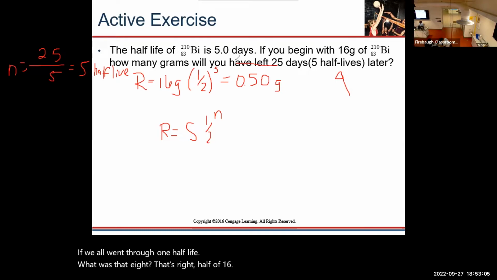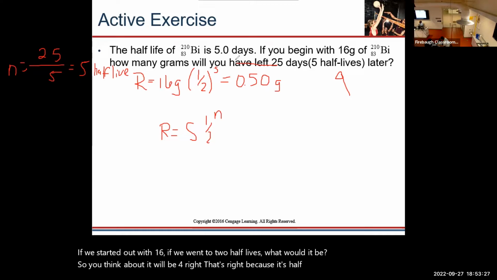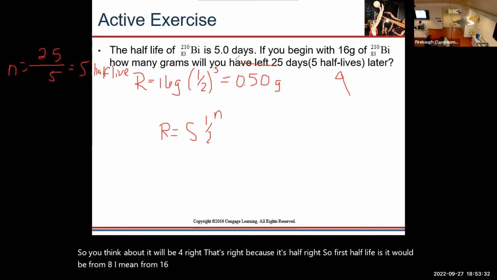If we went to 2 half-lives, starting out with 16. So first half-life it would be 8, 16 to 8. Right? So that would be the first half. Second half-life from 8 to 4. That's right.